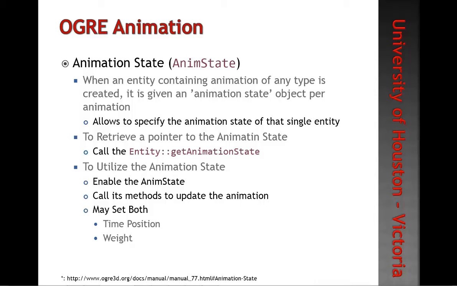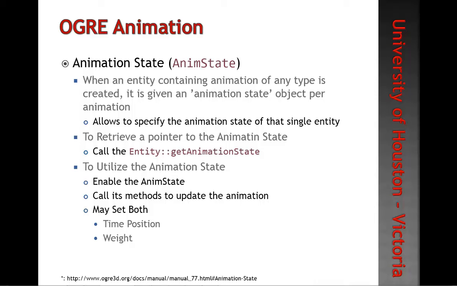The way that we can use an animation state is that we retrieve a pointer to the animation state object by calling the entity's get animation state, and that loads up the pointer to our animation states for the entity. Then we'll be able to call the animation state's methods on this returned object to update our animation.